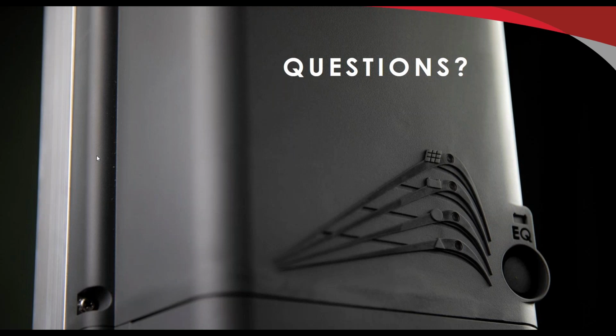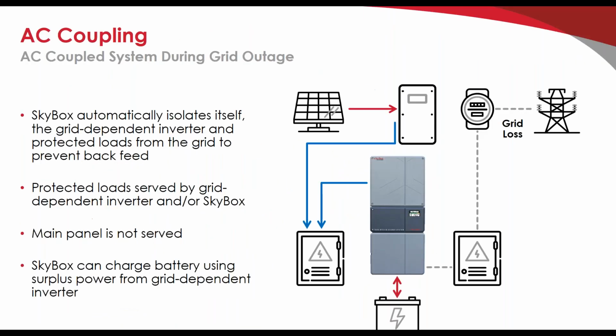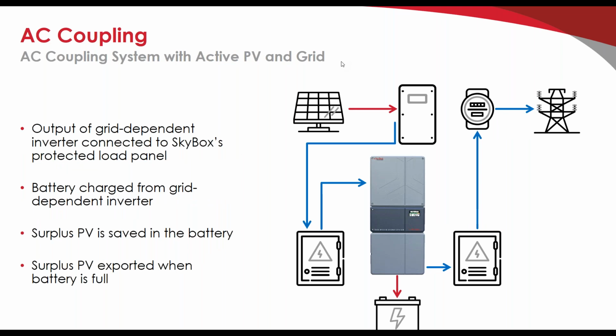John asks, how does the 11.5 feedback work again? Let me go back to a graph a few slides back. Okay, to answer John's question about how a SkyBox can sell up to 11.5 kW.